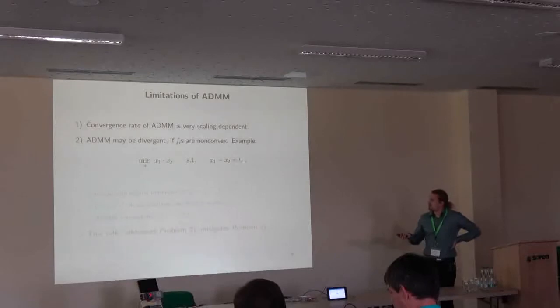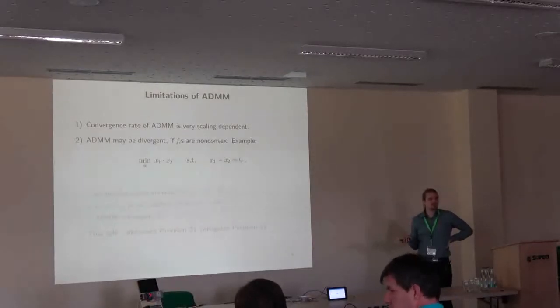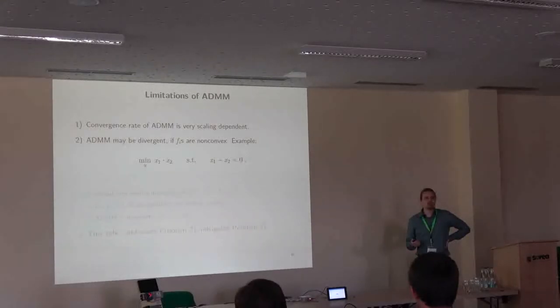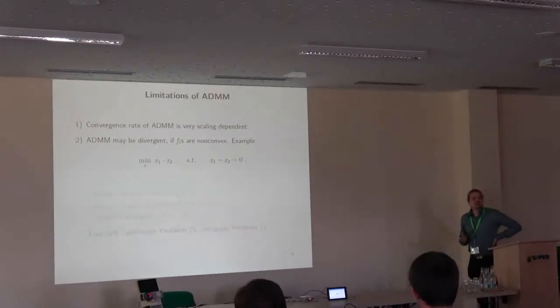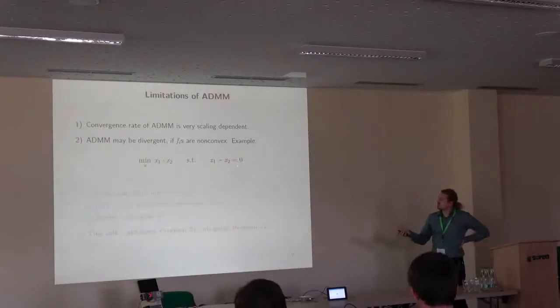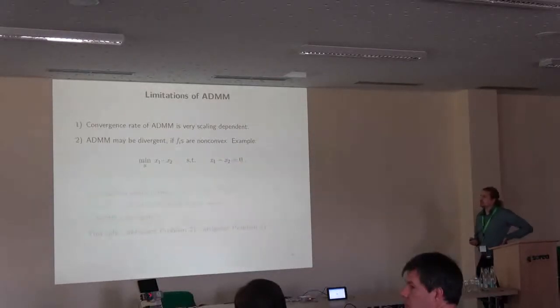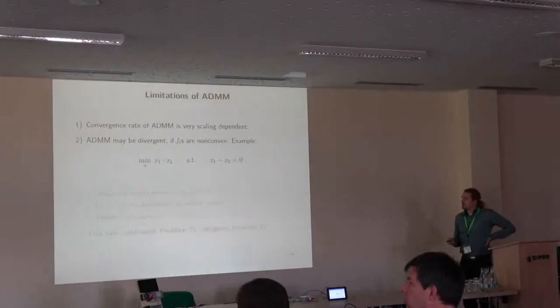So actually ADMM is divergent for non-convex examples. We can easily construct a counterexample. This optimization problem here is trivial. I think every one of you can solve this immediately. Of course, if x1 is equal to x2, we are basically minimizing x1 squared, right? If we substitute x2 with x1, the solution is at 0, and also the Lagrange multiplier will be 0, since this is a quadratic function which already has an unconstrained minimum at the optimal consensus point.